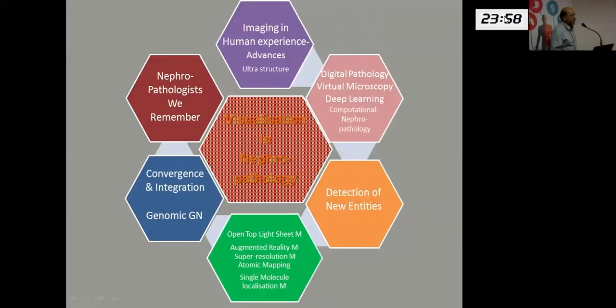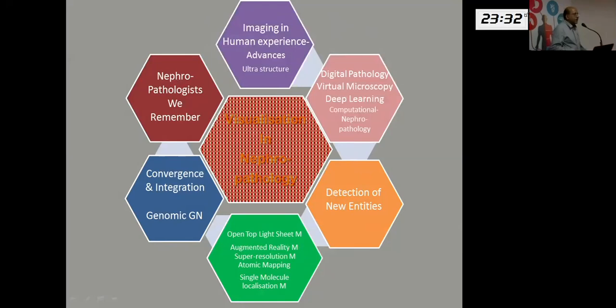Imaging in human experience, a few slides, something about ultrastructure of the kidney, digital pathology, virtual microscopy, deep learning, computational nephropathology. These are words that you will hear and which will have meaning as we go on. And 10 years later, you will say, now probably it makes sense if you ever remember it.